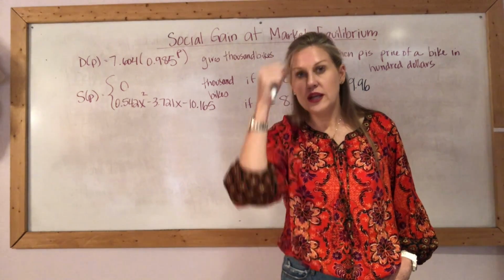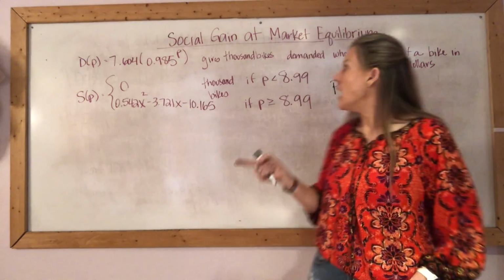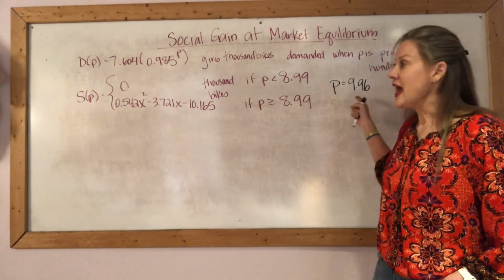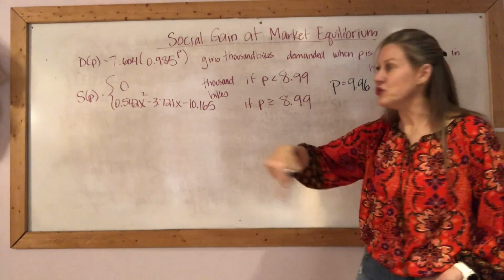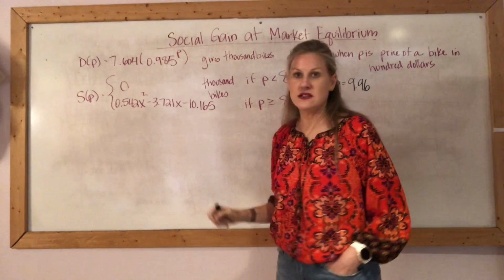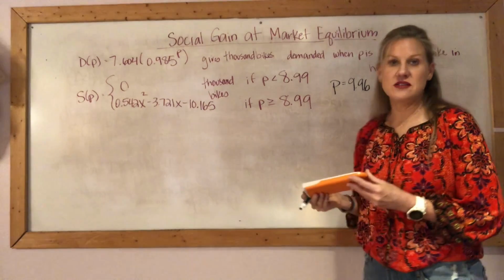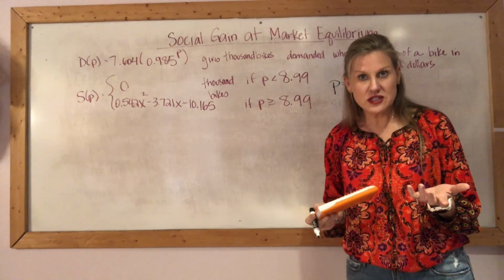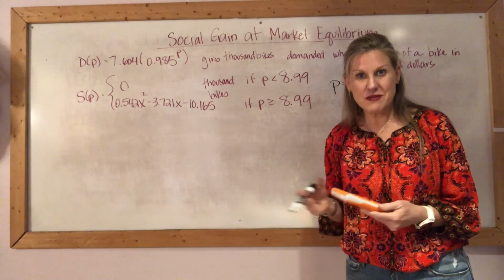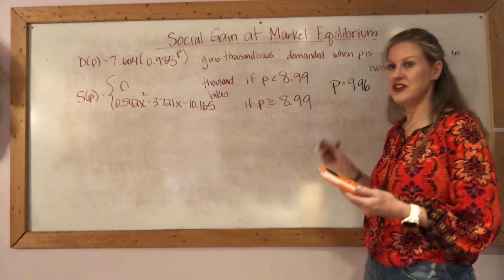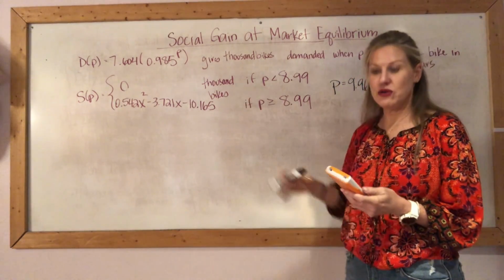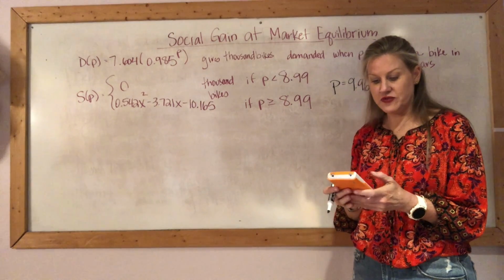If I also want the equilibrium point, I will take this value and plug it back into either demand or supply. Because they're in equilibrium, they're going to equal each other, so they'll intersect. So it doesn't matter where I plug this value in, it should spit out the same amount for each function.